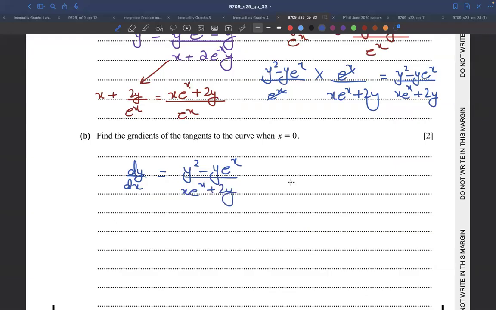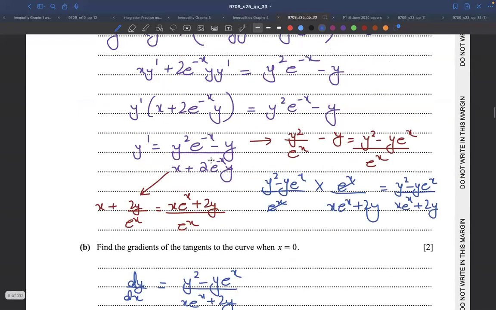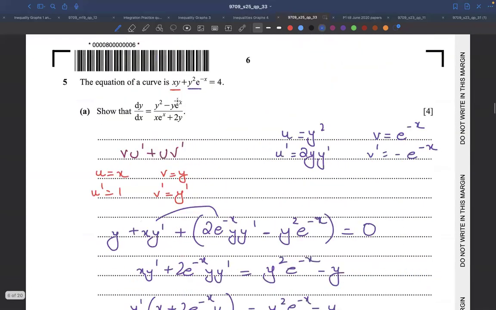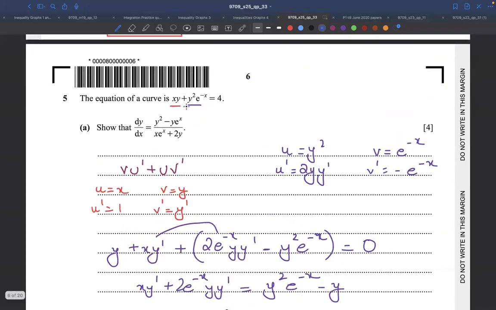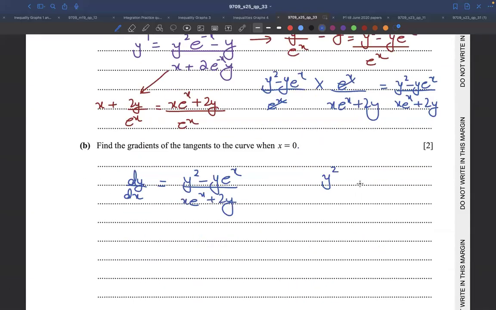For x equals 0, we also need a value of y to find the gradients. So from the equation, if we put x equals 0, this term will become 0, and e to the power 0 is 1. So we'll get y squared is equal to 4. So the two values of y will be plus minus 2.